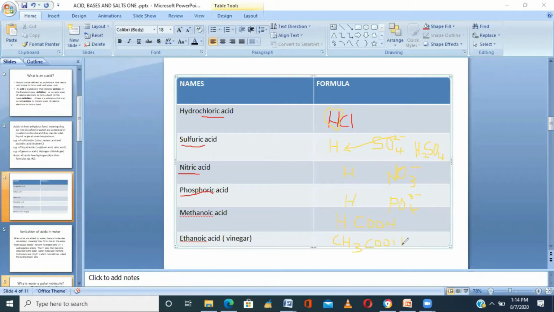Now you see how these are a bit different from the ones above? The reason being is because methanoic acid and ethanoic acid are organic acids. And when we move on to organic chemistry, we'll look at this in depth.